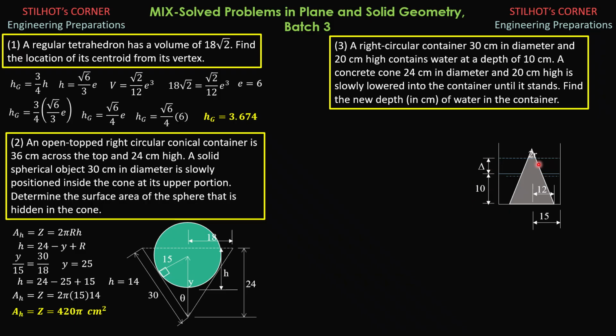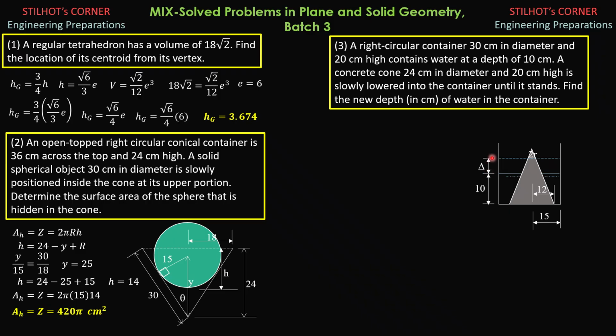So we need delta. I denote the diameter of the upper portion, which is crossed by the new level of water, as 2r, so that we have similar triangles here to consider.